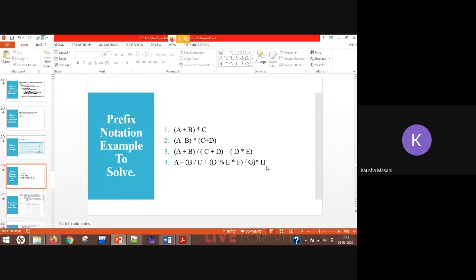Like prefix or postfix is given and you find an expression from that. No. It might be the case where you are asked to identify which expression is what, like which one is prefix, which one is infix, which one is postfix. But as far as I know, there won't be the reverse conversion like from prefix to infix. That won't be there.